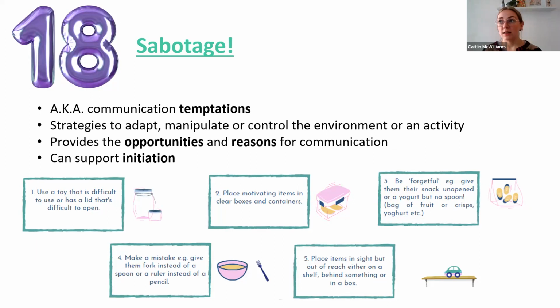These are things that might cause a little bit of frustration to start with, but hopefully we're there as communication partners to be modeling that response, and the items are there. Overall, we're not aiming to increase frustrations. The aim is to be providing that opportunity for initiation and the reason that they want to communicate.